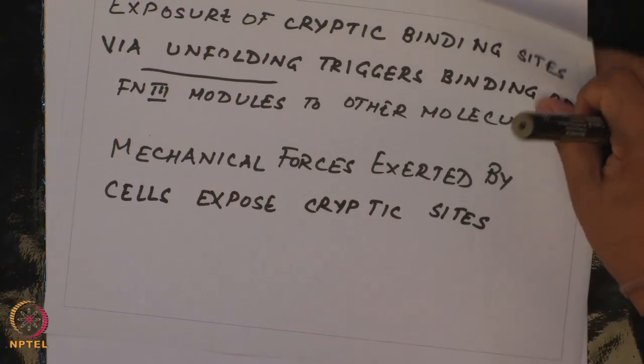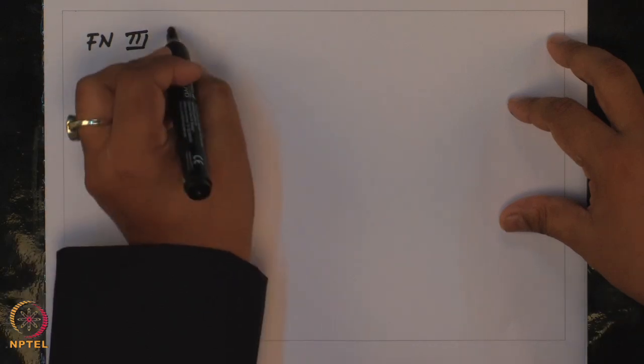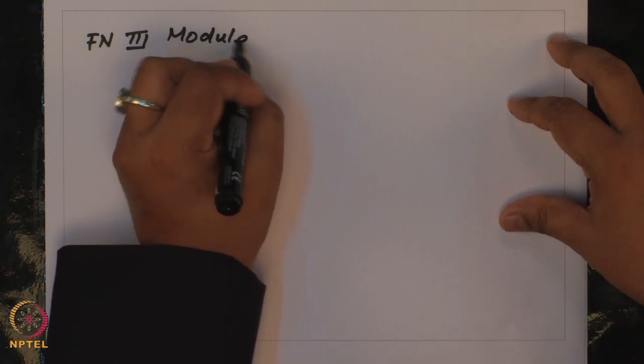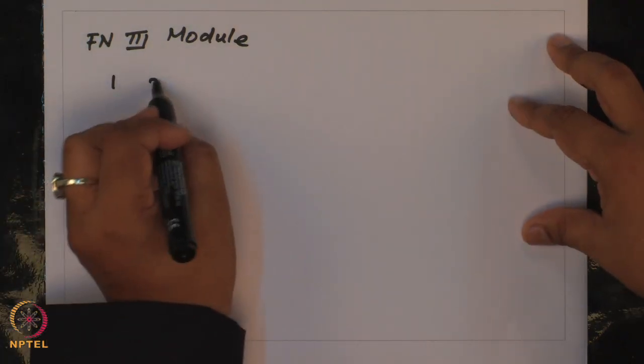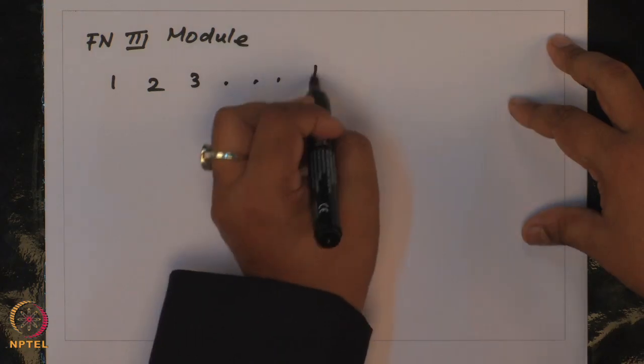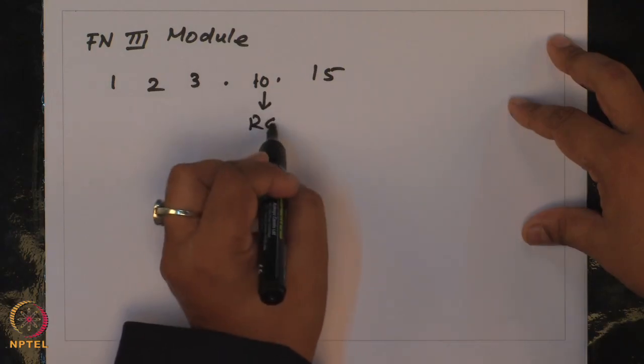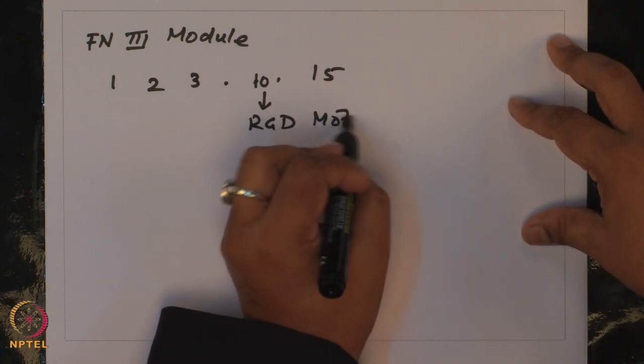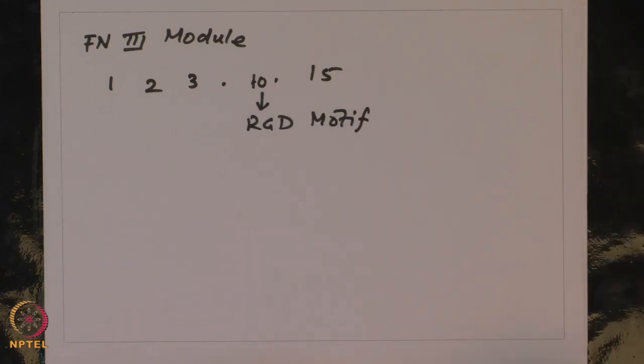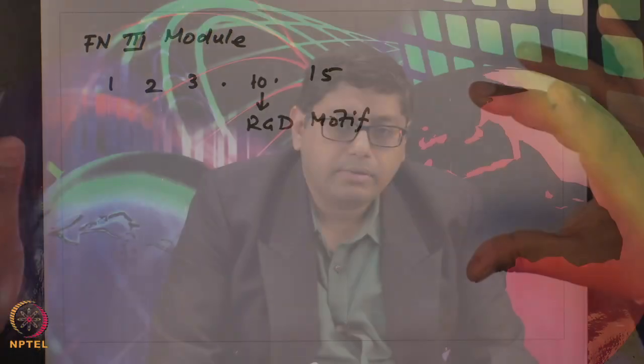So, this raises a possibility. You have FN3 module, which has these domains 1, 2, 3 up to 15, and out of this, domain 10 contains the RGD motif. For the same molecule, imagine you have 3 different types of cells which have different capability to exert forces.